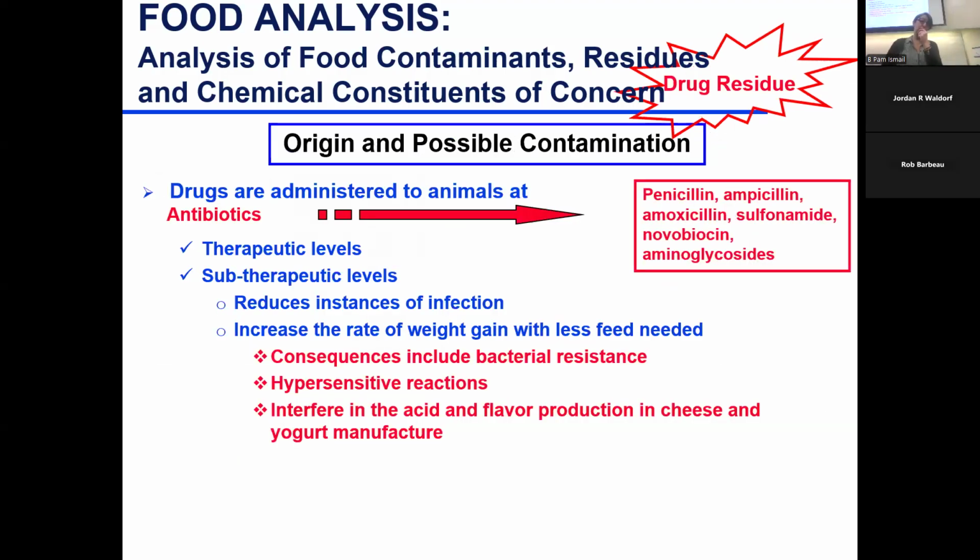Drug residues, antibiotics. So animals are given antibiotics whenever they are sick, when they have potential infection. So at a therapeutic level, or sometimes they are given lower levels of antibiotics, although they're not sick, to promote weight gain, and so they feed them less.